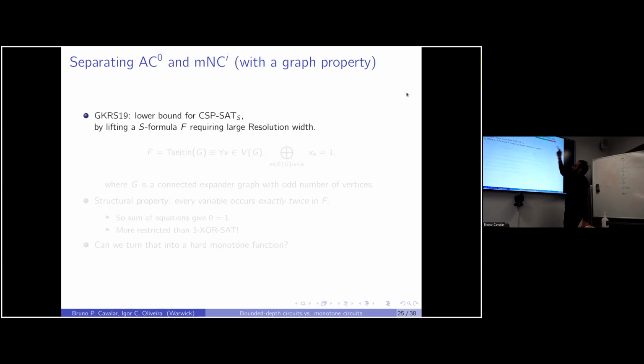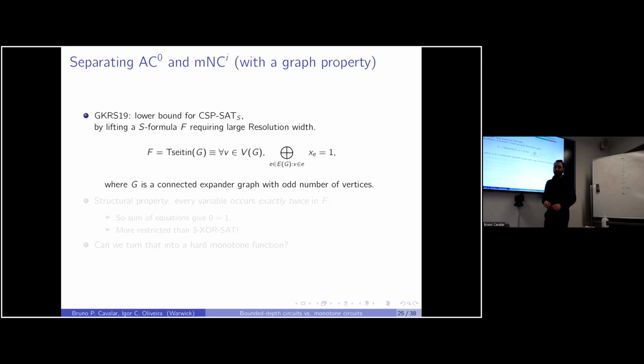So what did GKRS do? They showed this lower bound for CSPs. We're lifting a formula that requires large resolution width. The particular formula they look at is a set of linear equations, and the formula is a Tseitin formula. Let G be a connected graph with an odd number of vertices.